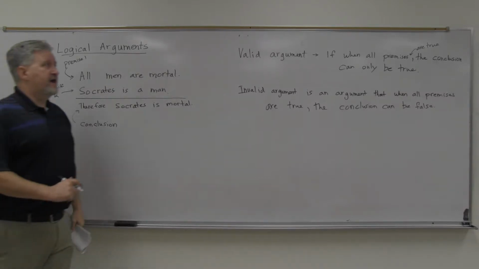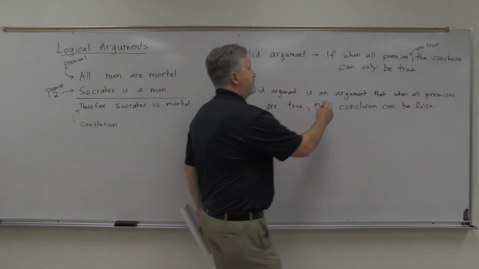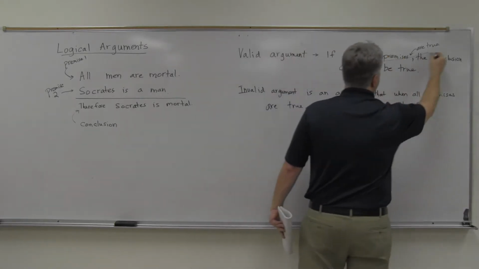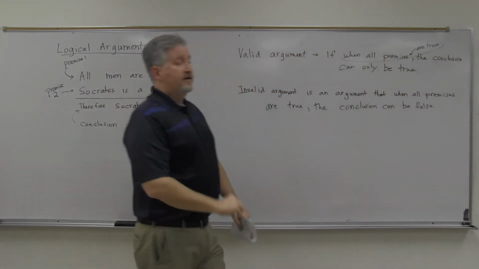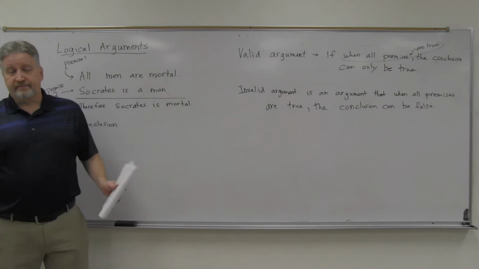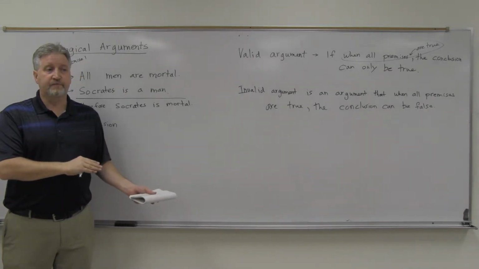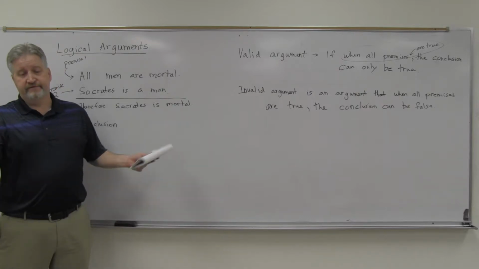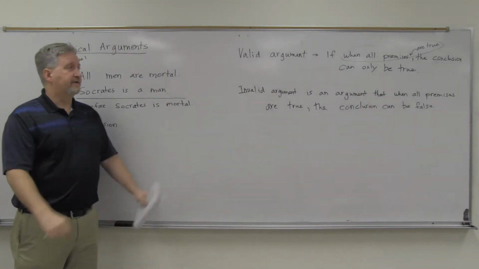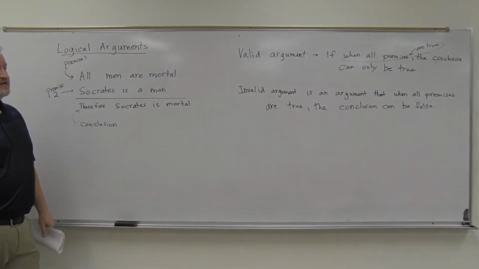One other thing I'd point out, and this is important too, is that I left it off originally, but all premises are true. It doesn't say anything about what if one of the premises is false. Well, if one of the premises is false, then you can't test validity off of that. You'll see what I mean in just a second.